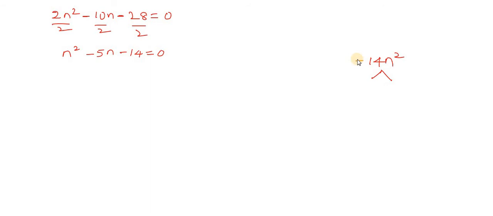Now we need to split this in such a way that the sum of these two numbers is minus 5n, and the product of those numbers is minus 14 n square. Which numbers? We can go ahead with 7n and 2n. 7 twos are 14, but we need minus 5, so I can put minus here: minus 7 plus 2 is minus 5.